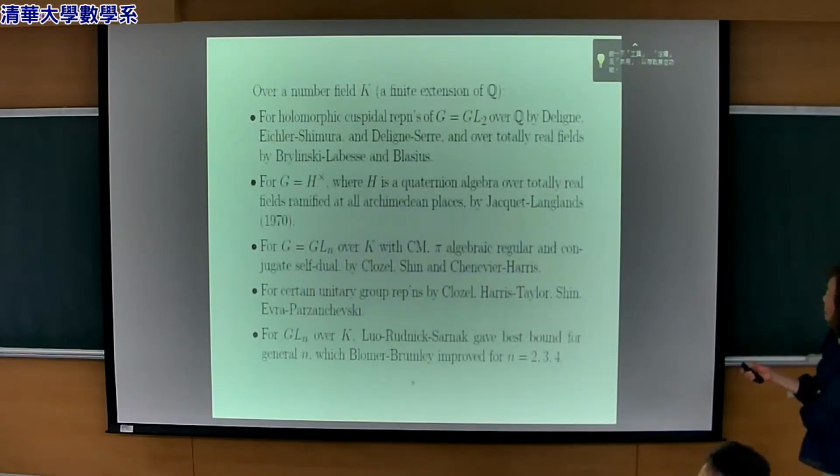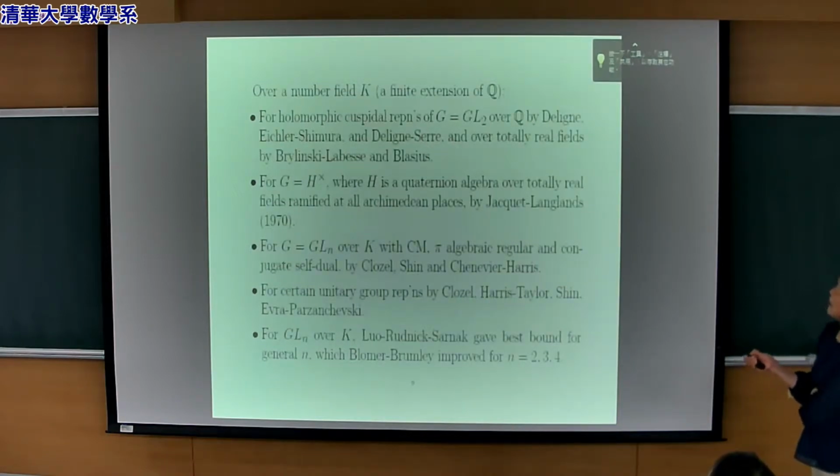Now, over number fields, what we know is much less. The first is the case G equals GL_2 over the field Q that we already discussed, for the holomorphic higher weight and Maass weight 2 and the holomorphic weight 1.